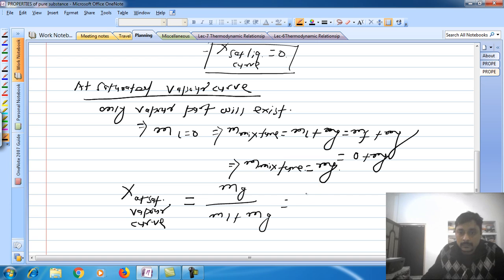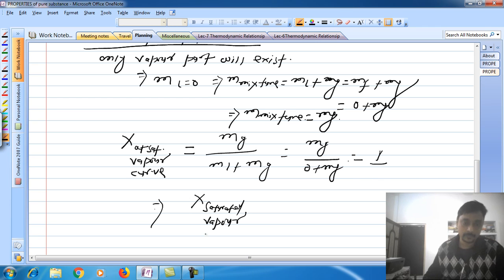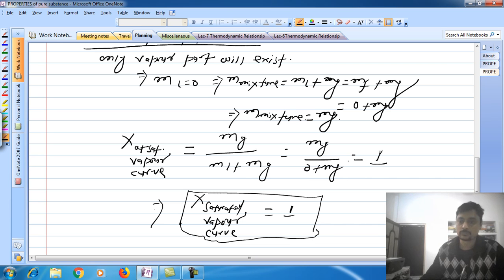At this point, this is 0 plus mass of vapor, which is equal to 1. This implies the dryness fraction at the saturated vapor curve will be equal to 1. This is our next observation.